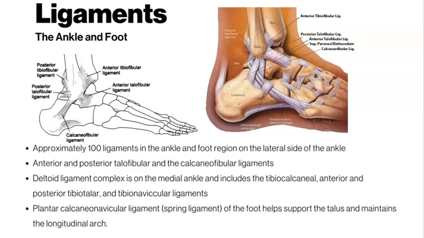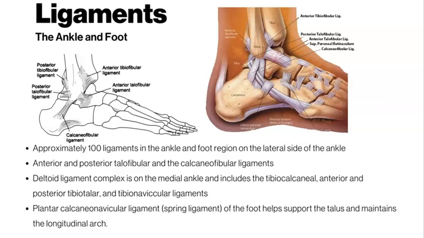We're going to talk about the medial collateral ligament, or deltoid ligament. This stabilizes the medial, inner side of the ankle, connecting the tibia to the talus, calcaneus, and navicular bones.